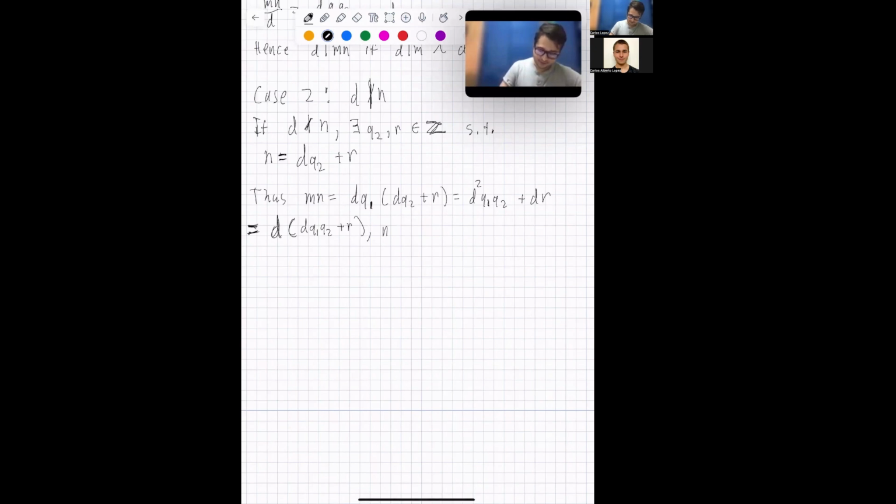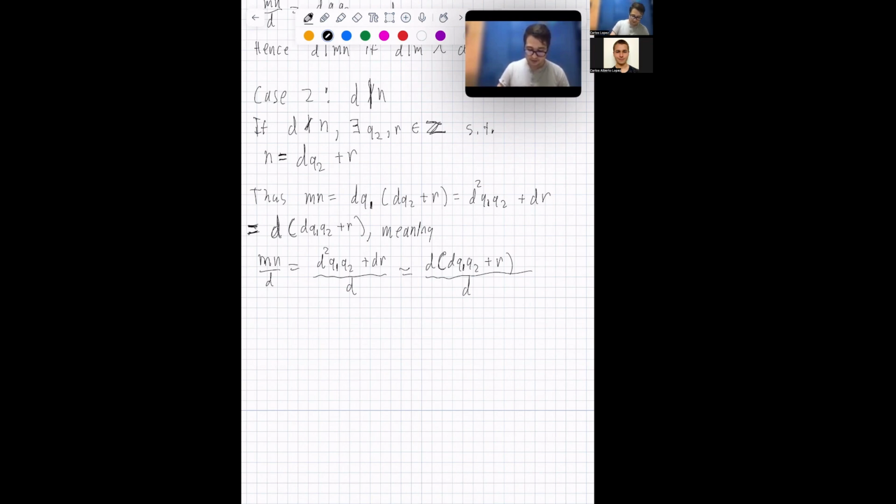So, meaning m times n divided by d is going to be equal to d squared q1 q2 plus dr, divided by d, which is going to be equal to d q1 q2 plus r. So you remember it's d multiplying this portion that is within the parenthesis, as you can see.